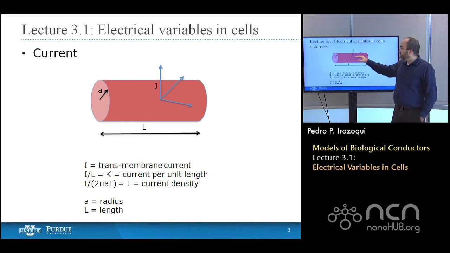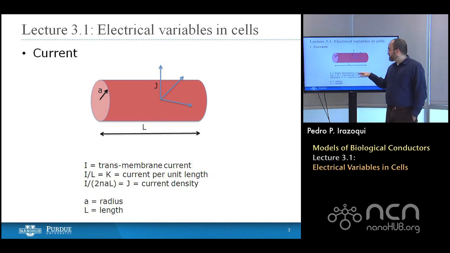But then there's also current that flows perpendicular to those 2 currents, and direction is important. It flows perpendicular, from the inside of the cell to the outside of the cell. And we're going to make some assumptions around that as well. But regarding current, for this slide, we're talking about the current that flows perpendicularly out. And because we're talking about that current as a function of surface area, we're talking about current density.